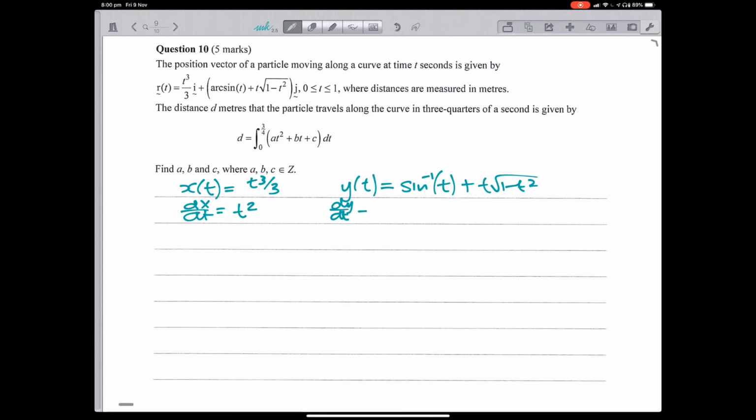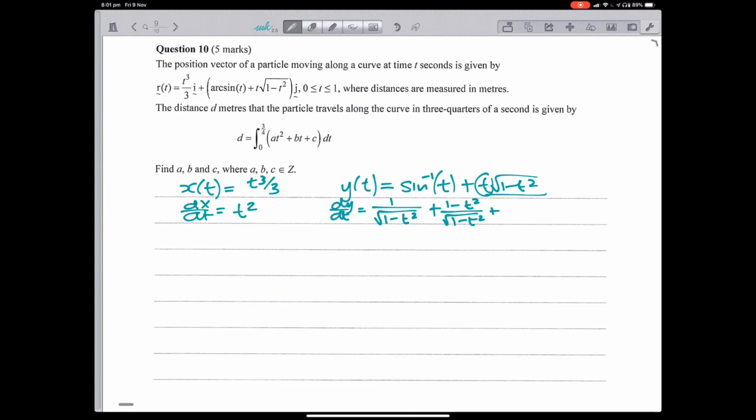So dy dt, 1 on root 1 minus t squared. Okay, when we derive this, we're going to use a product rule. That times derivative of that times that. So I'm going to get root 1 minus t squared. Now I'm going to put it over a common denominator of root 1 minus t squared, so that'll get rid of the square root on top, because I know I'm going to add them together. 1 minus t squared.